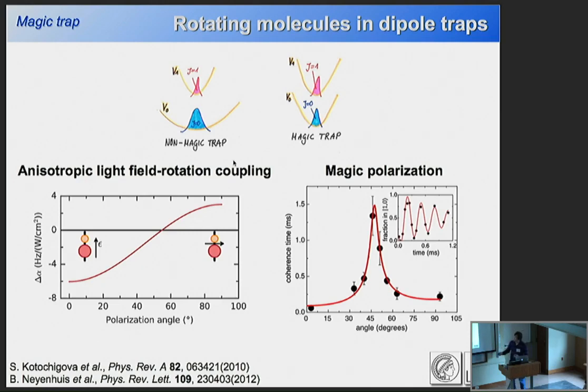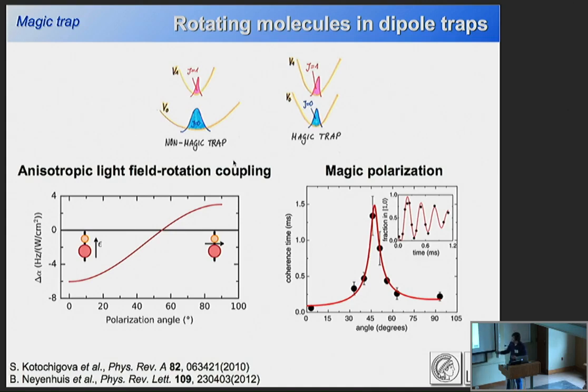However, the anisotropic coupling between the trapping light field and the rotation makes the trapping potential rather different. You need to tune the polarization of the light to a special angle. It's called magic polarization. So you can minimize the differential light shift to the first order, and you get a maximum coherence time here.